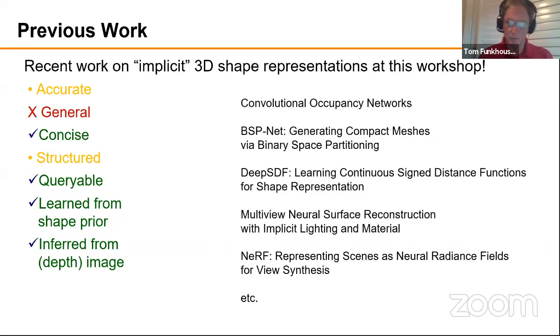And then there are, of course, many advances that have been made very recently, including these, which are just a list of papers that were presented at this workshop in the last hour. Each of them improves some of these properties in some way, but there still isn't really a representation that provides both structure and accuracy and generalizes to a wide variety of objects.